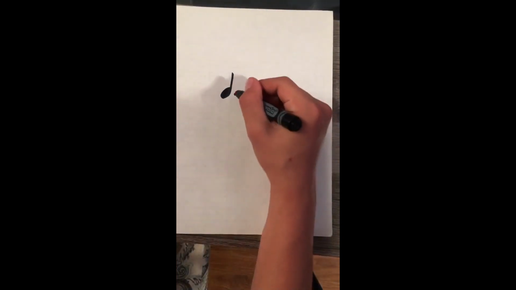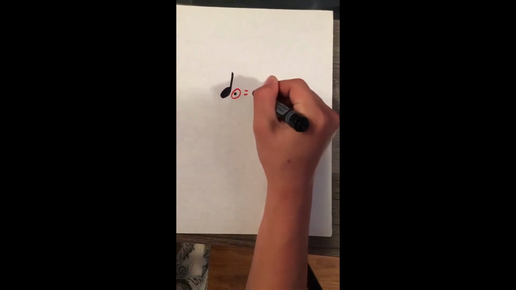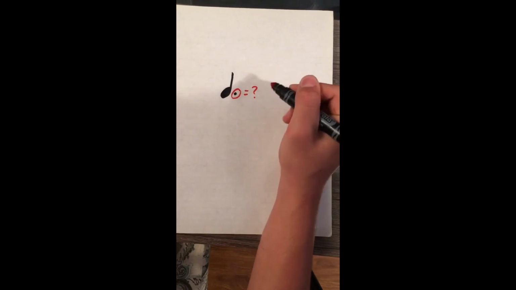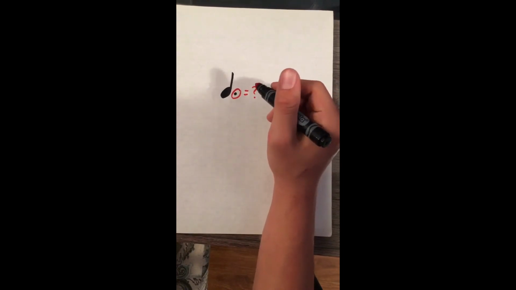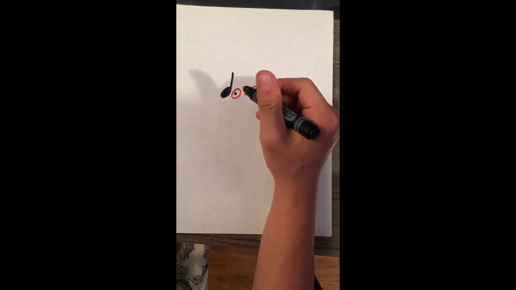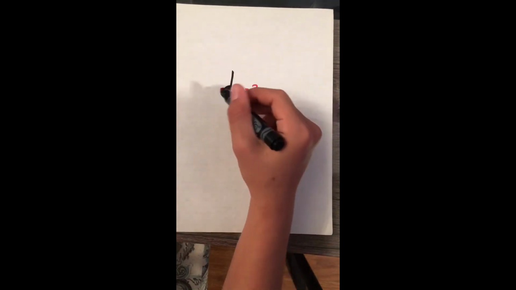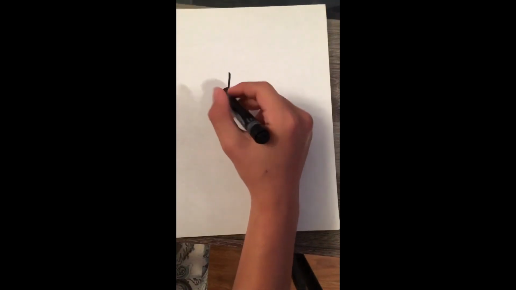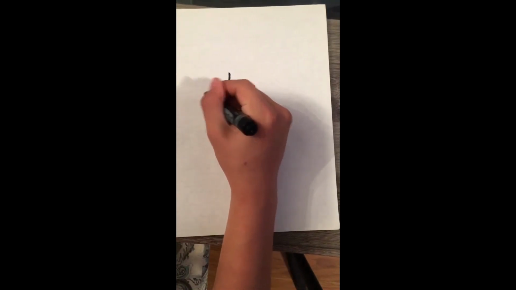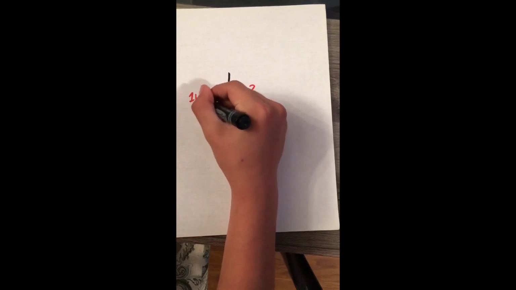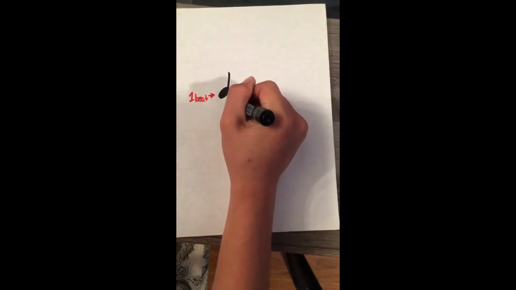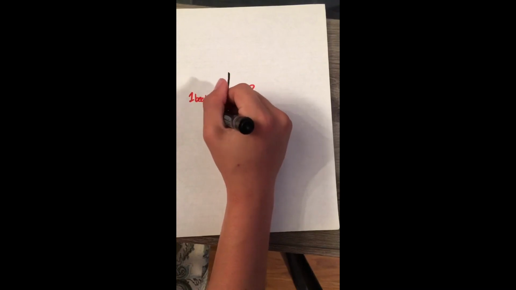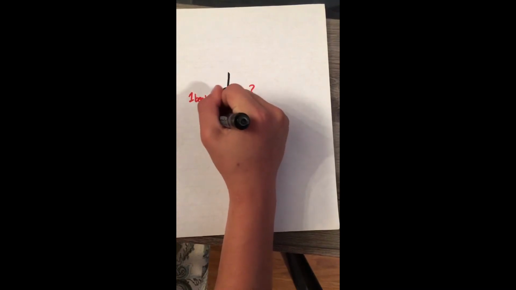In order to find the value of a dot after a note, you have to know the amount of beats the note gets. The quarter note gets a total of 1 beat. The dot is worth half of whatever that is.